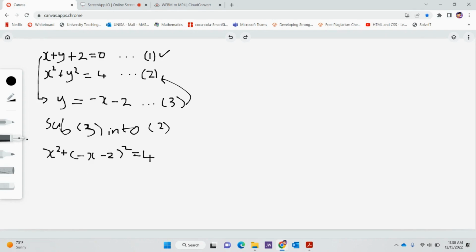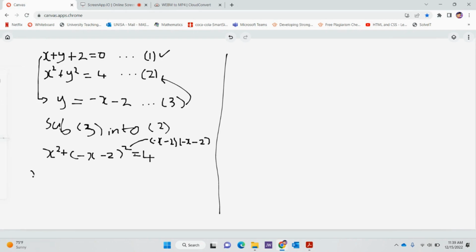What this means is that these are two brackets. Since it's minus x minus 2 squared, it just means it's minus x minus 2 times minus x minus 2. So it's the same as having minus x minus 2 multiplied by minus x minus 2, two brackets. All right, so let's multiply everything out.